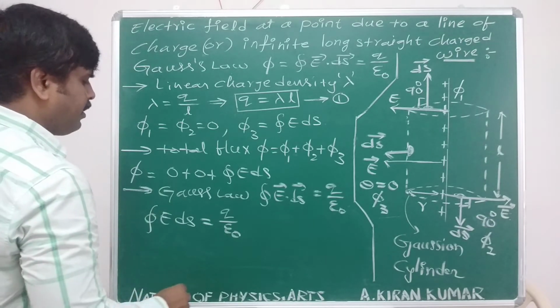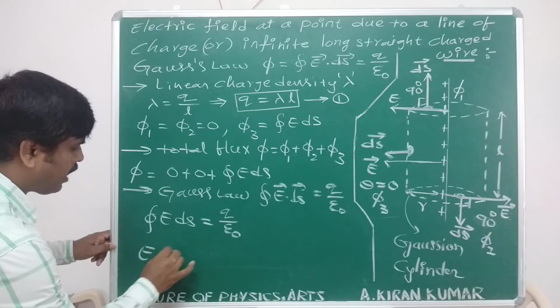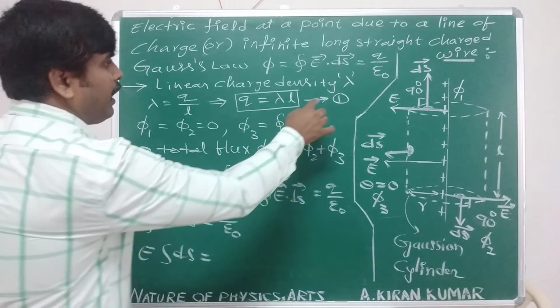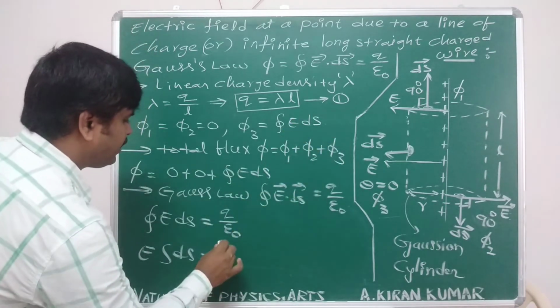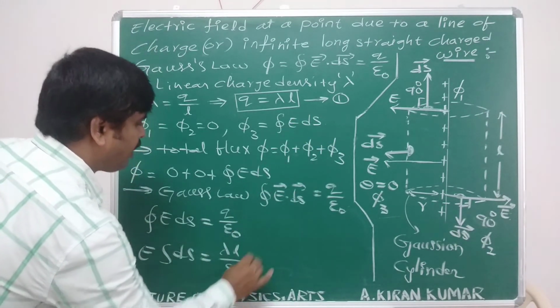Here E is common, so E times the closed integral of dS is equal to, replacing the q value from this equation, lambda into L divided by epsilon naught.